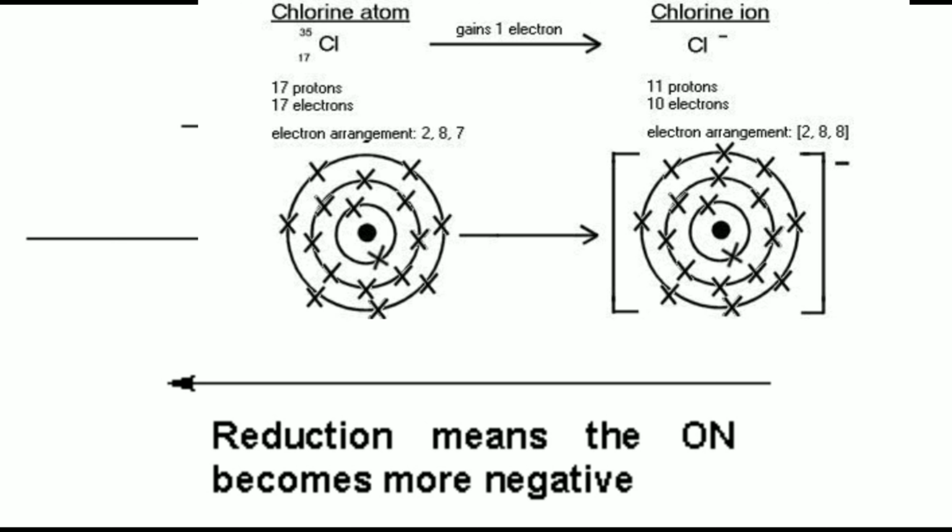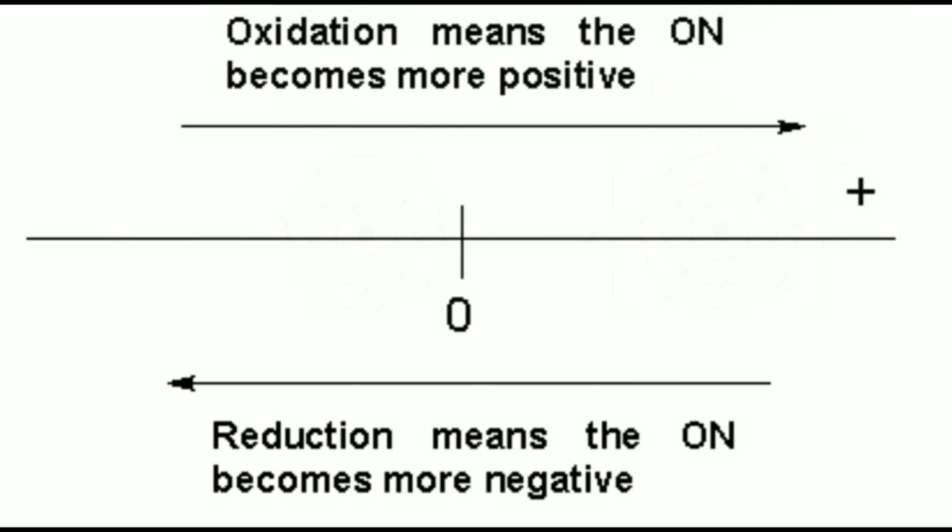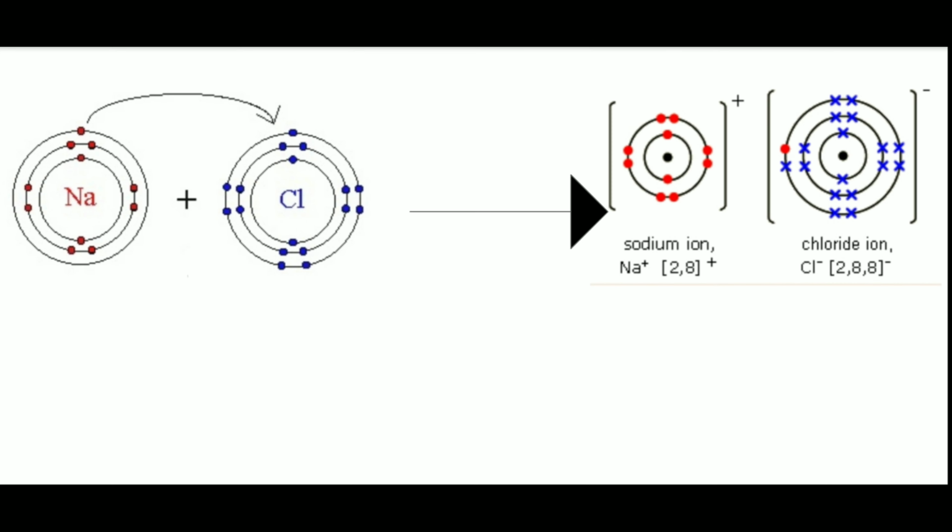Reduction means the charge goes down. In a bond, sodium has a positive oxidation state, and chlorine has a negative oxidation state. Because their charges are opposite, they will be strongly bonded together as an ionic bond between the metal, sodium, and the nonmetal, chlorine.